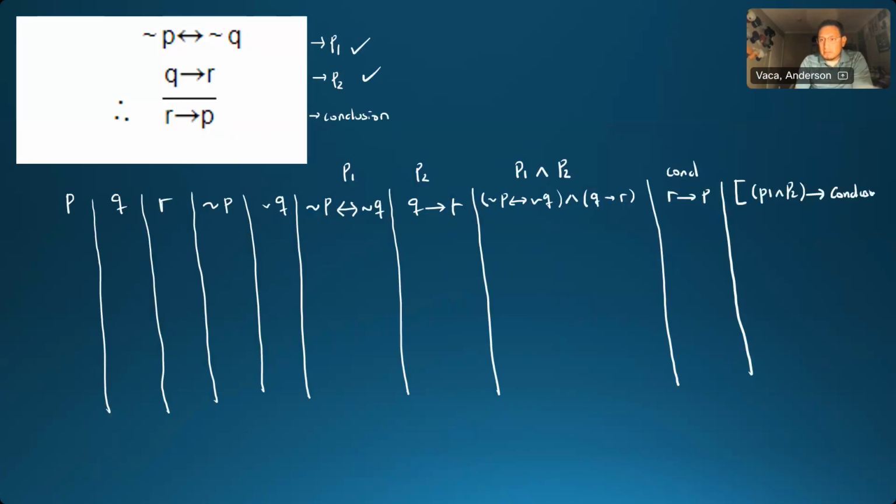So it's going to be the conditional between this column and this column. This is the conditional connective. All right, let's see how this works out. Let's go ahead and do this.